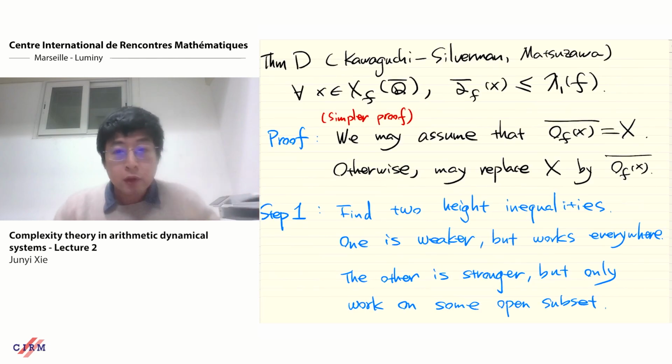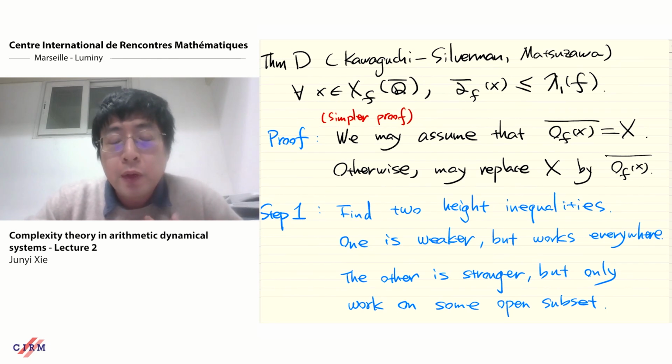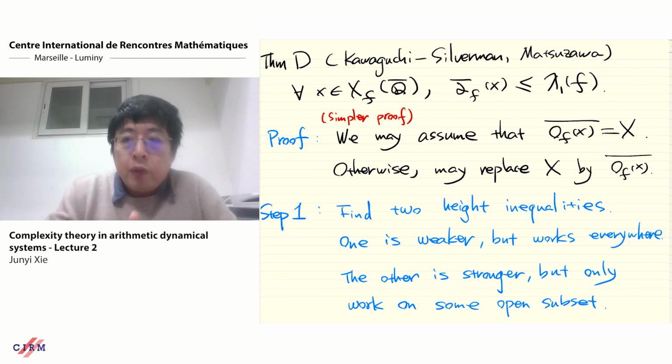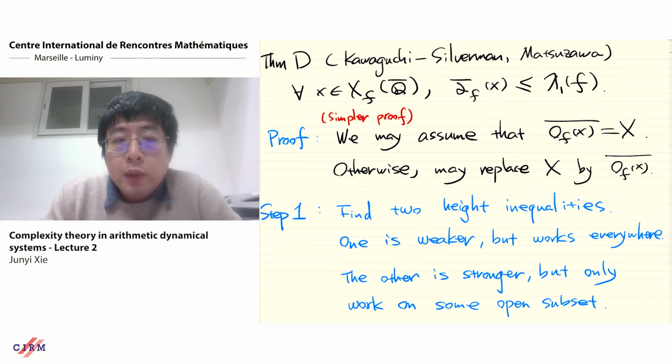For the Kawaguchi-Silverman conjecture, there are not so many general results. But if I want to give one general result, I think it is this one. It was first proved by Kawaguchi and Silverman in the endomorphism case, and by Matsuzawa for the rational self-map case.